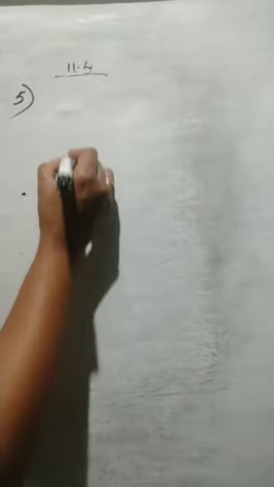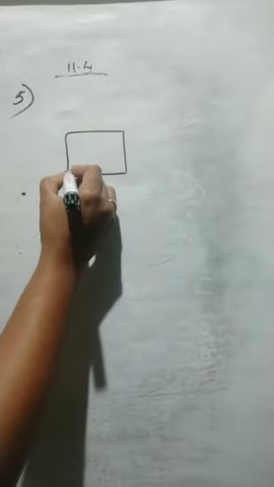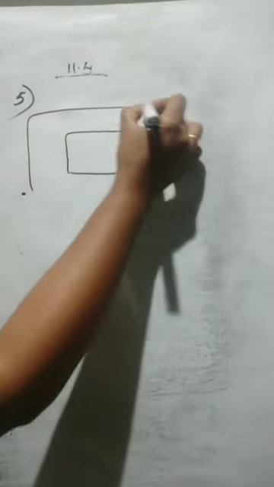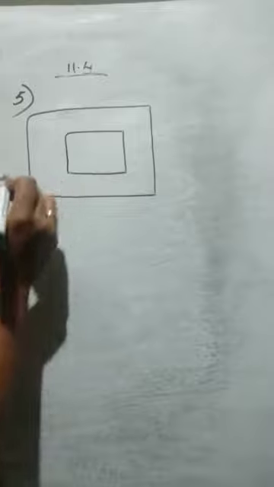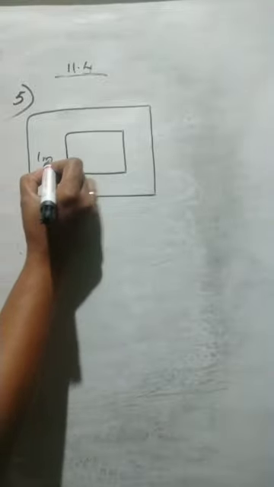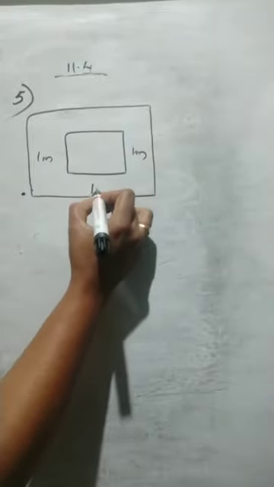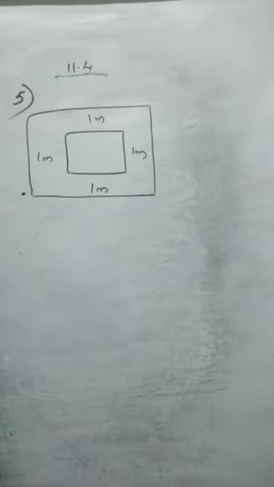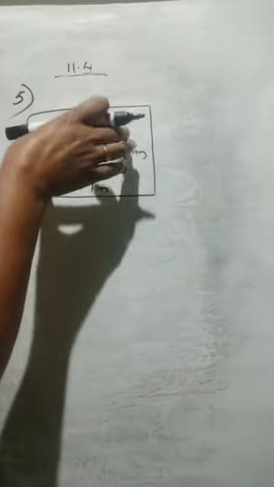Fifth question is a path 1 meter wide. So there also is one path. This is 1 meter. Here also 1 meter. Got it. Then inside a square garden of 30 meter.